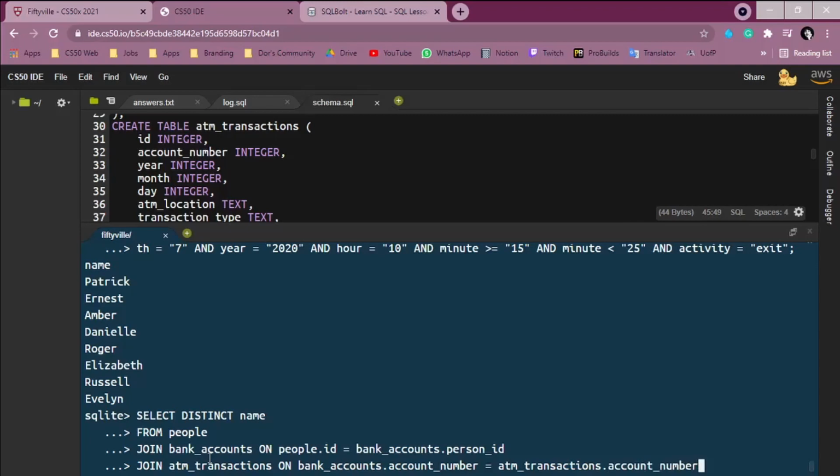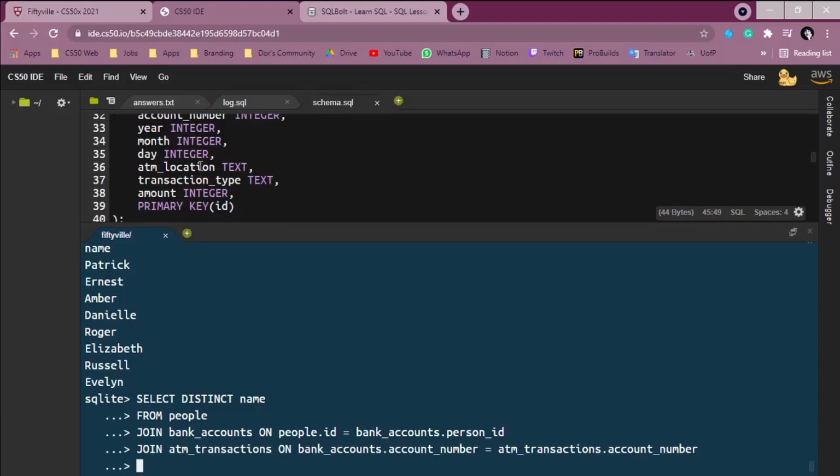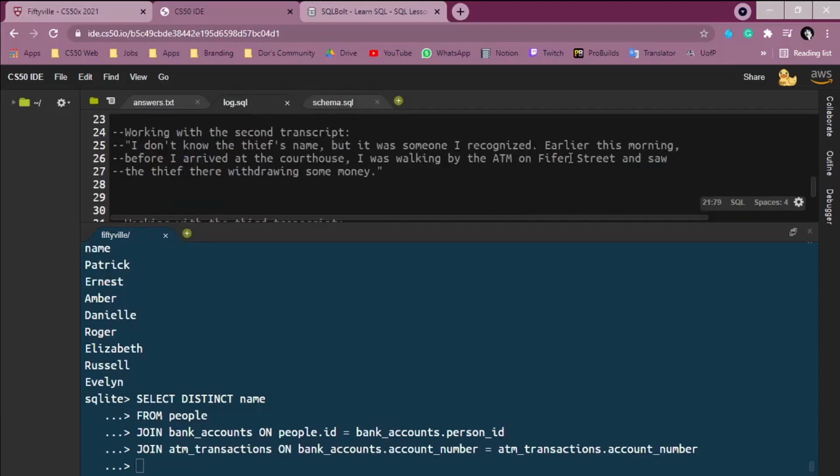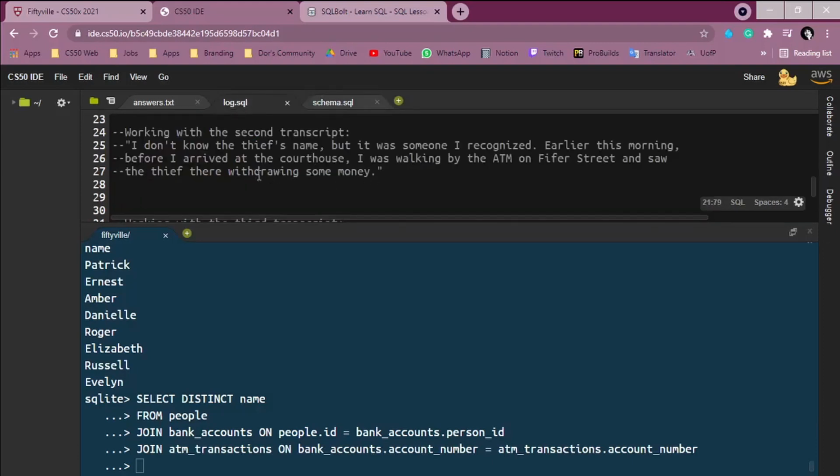And now we're going to use the condition. And what condition do we have? We have the information of the year, that is 2020, the month, that is 7 July, the day, that is 28. We have the ATM location, that is in here the Pfeiffer Street. And we also have the transaction type, that is the withdraw. So we're going to use this information to get the new suspects.